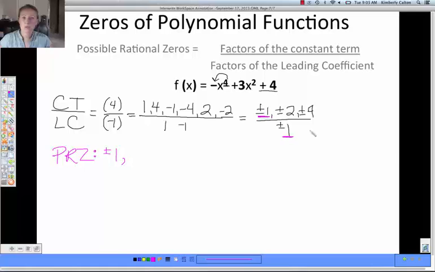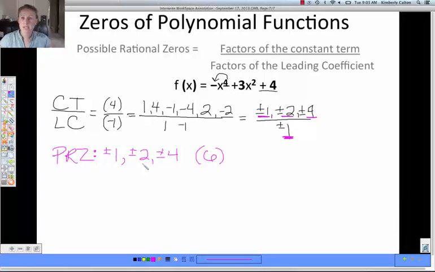And then 2 divided by 1, which gives me plus or minus 2. And last but not least, 4 divided by 1 gives me plus or minus 4. So I can see here that there are 6 total possible rational zeros. Now not all of these are going to be real zeros, but they all could be possible zeros.